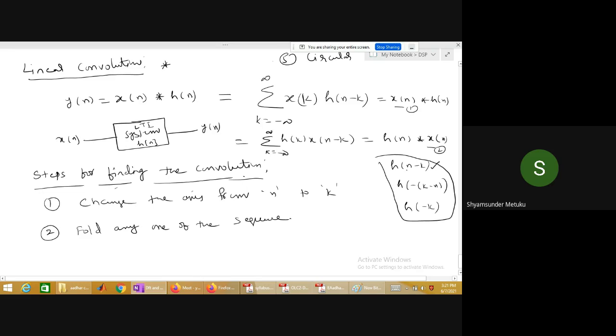I took this from which equation, first one or second one? First one only. So what did I get? Fold h. If I'm following equation 1, fold the second sequence. If following equation 2, fold the first signal. Okay?